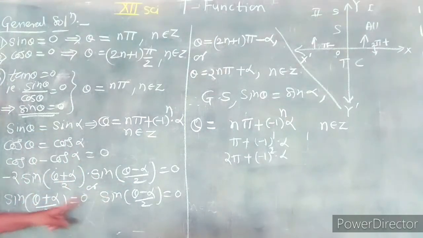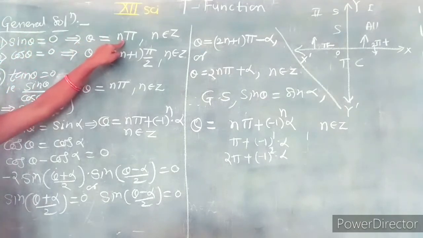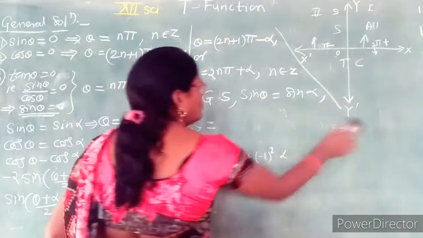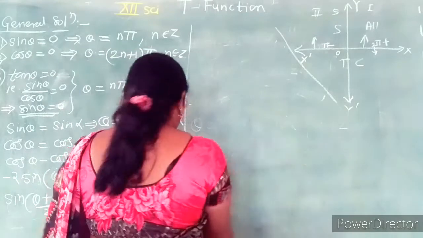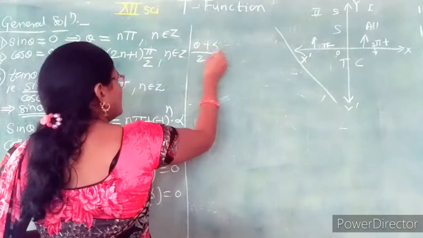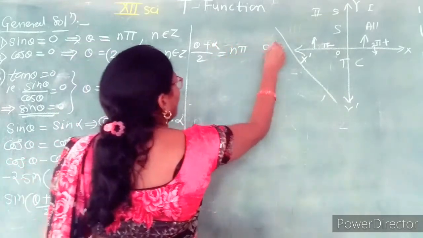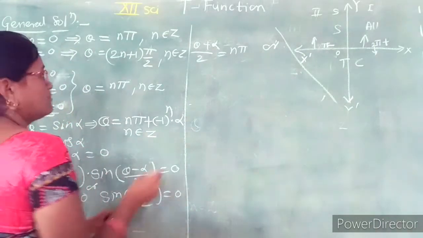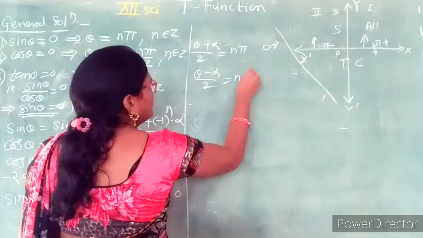In combination of both, we can find a solution. Sine ratio equal to 0 implies the solution is nothing but multiples of pi. So from the first condition, we take multiples of pi, which means theta plus alpha upon 2 is equal to n pi, or from the second condition, theta minus alpha upon 2 equal to n pi.